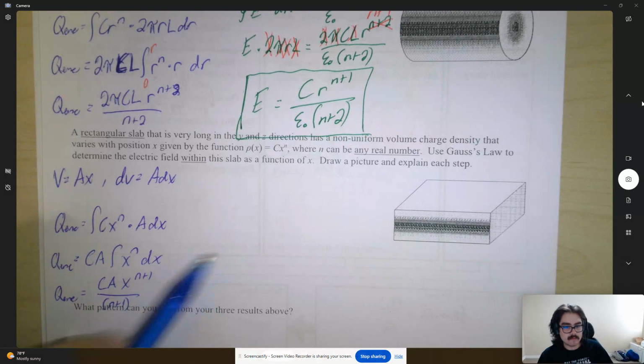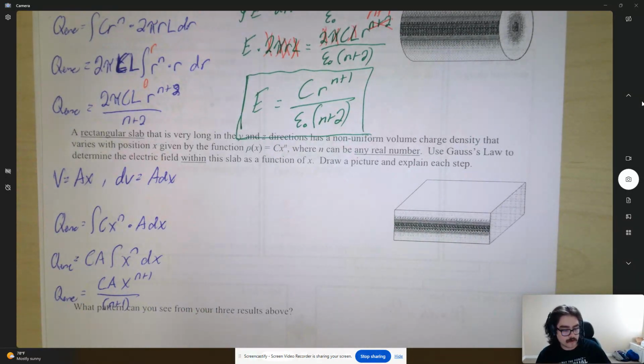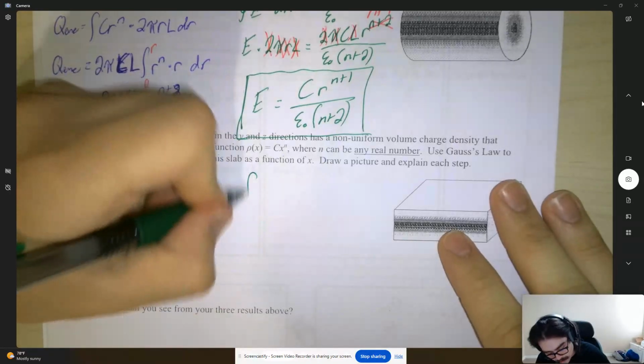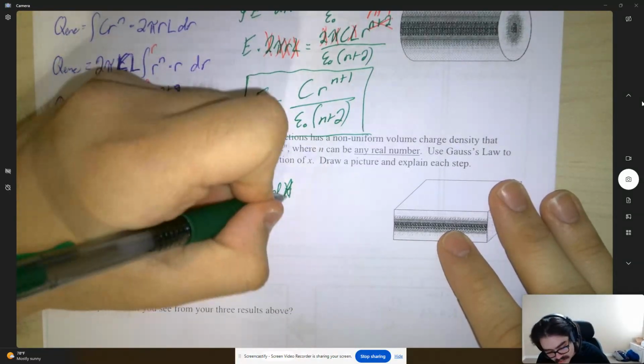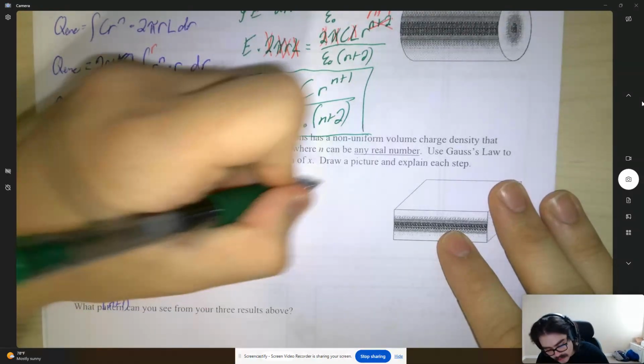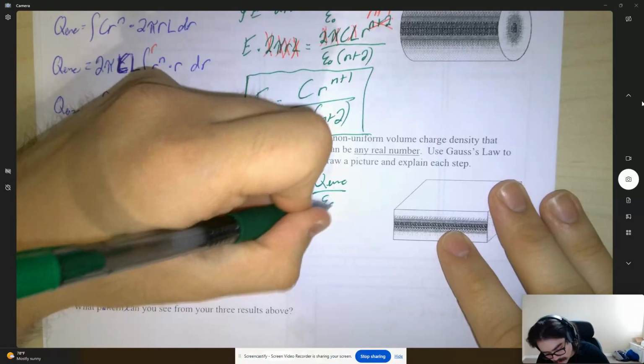And then when we plug that into the surface integral, the actual Gauss's law part, E dot dA equals Q enclosed over epsilon naught.